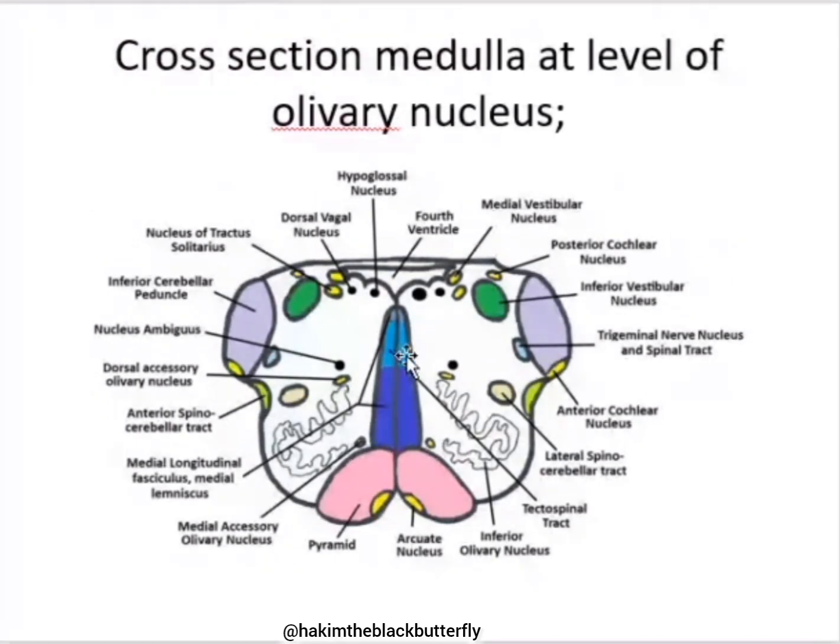We can see the tectospinal tract, which is one of the descending tracts of the extrapyramidal system. I talked about it. Still, we are going to also see the nucleus ambiguus, which is part of the vagus nerve. Then you can see the spinal nucleus of the trigeminal nerve becoming smaller.